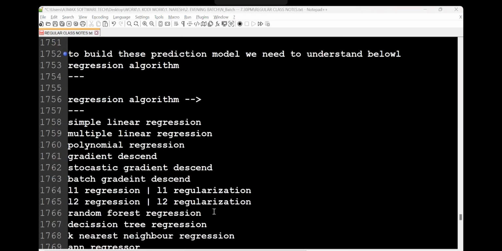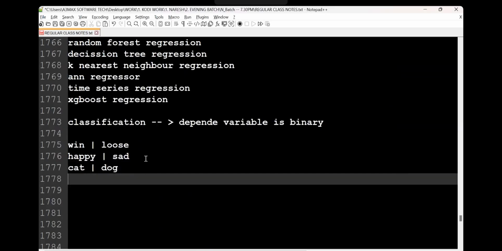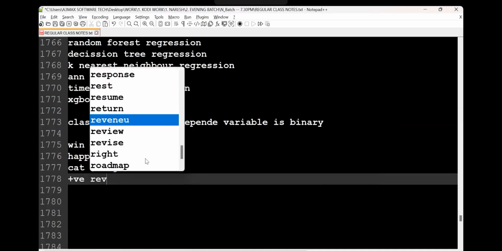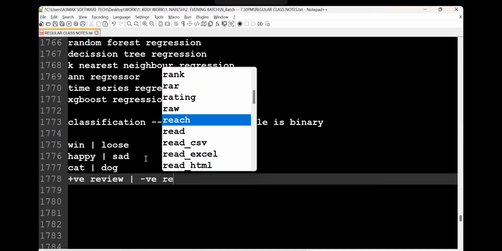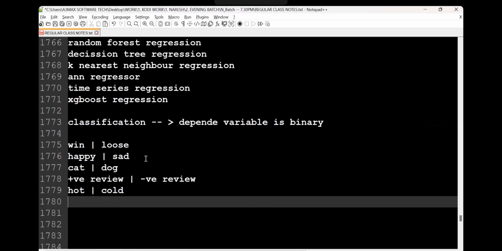All right. So the next one you have here, happy, sad. And the image is cat image or dog image. The review is positive review or negative review. Understand or not? Today the climate is hot or cold.